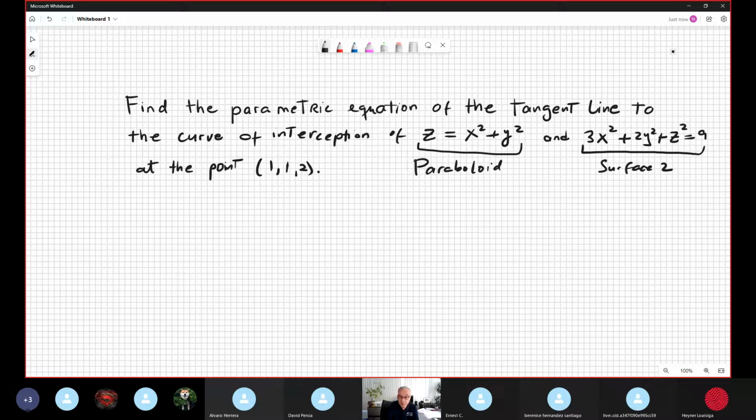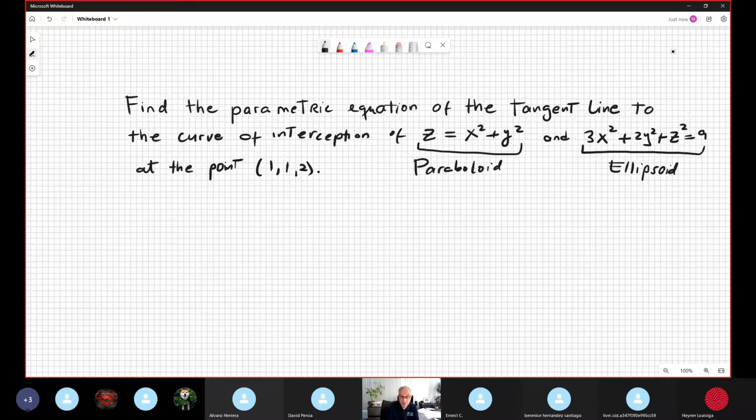And the second one is... No idea. Ellipsoid, it's obvious that it is an ellipsoid. Okay.